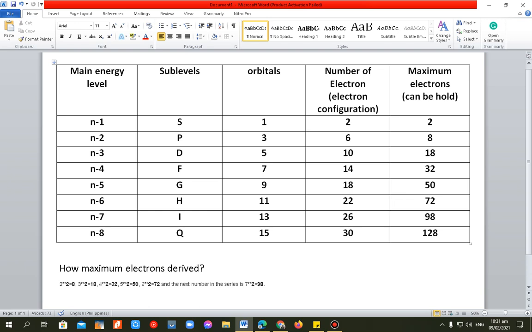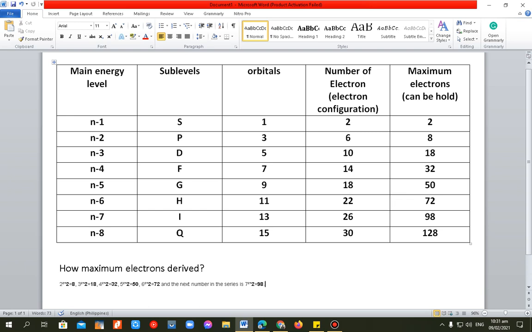Tandaan nyo rin po dito sa S, meron lang siyang kayang i-hold na isang orbital. Sa first orbital, P3, D5, F7, G9, H11, I13, Q15. And also, kung paano naman nakuha itong number of electron na gagamitin ninyo after nitong quantum numbers.